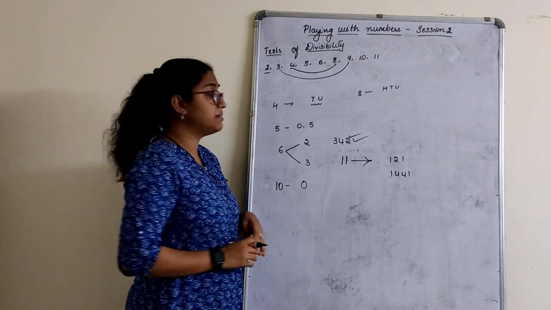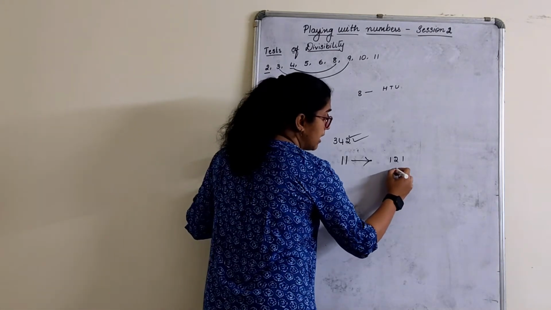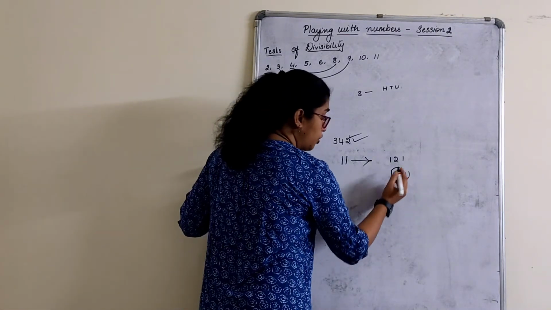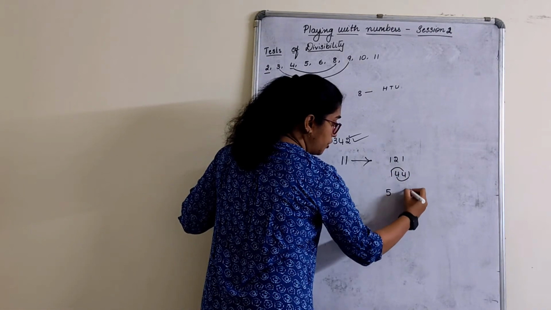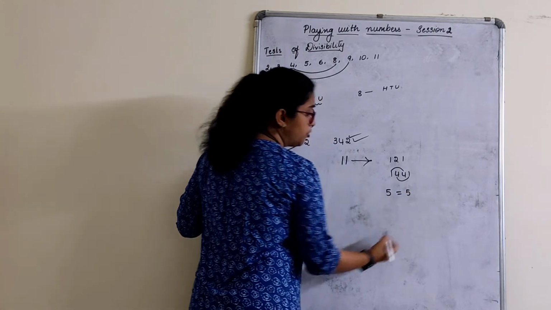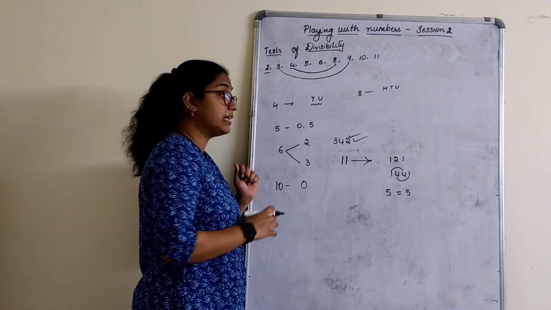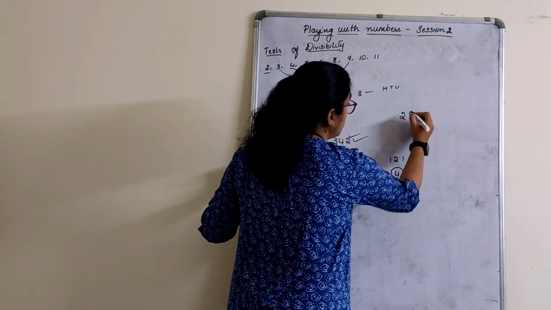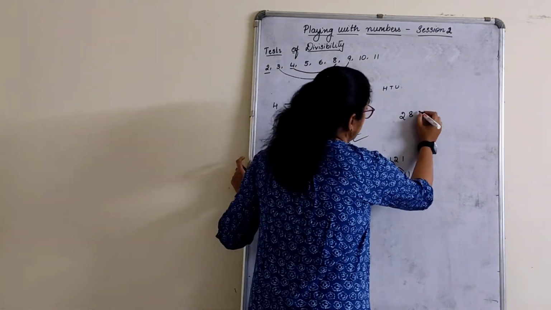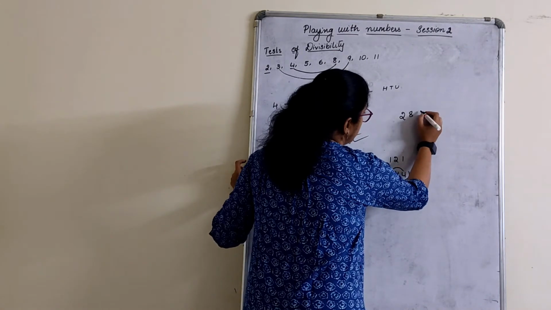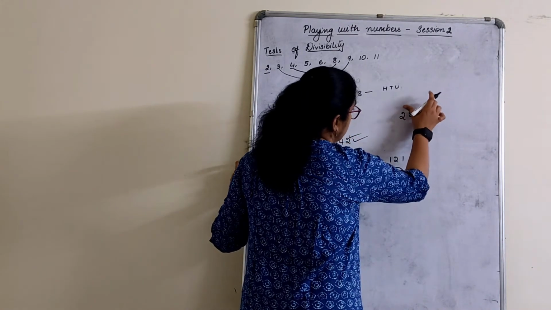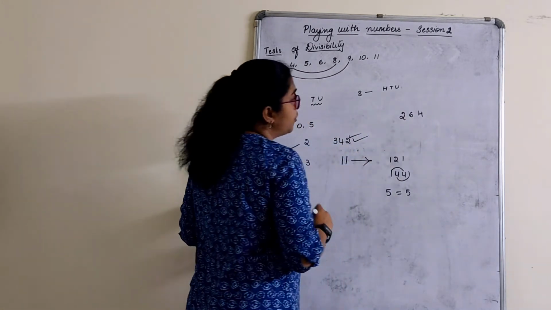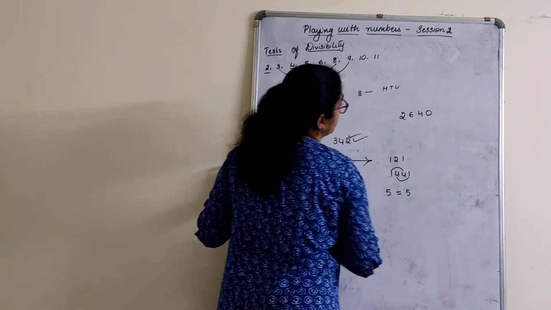How do we check the divisibility? We always group the digits into odd and even places. 4 plus 1, 5. 4 plus 1, 5. These are equal, so divisible by 11. Let us take one random number: 2, 8, 6, 4, 0.